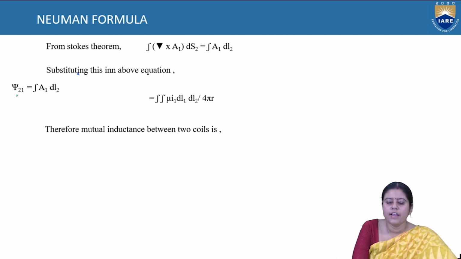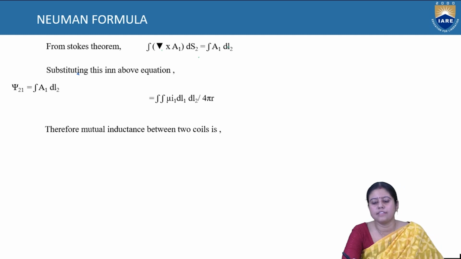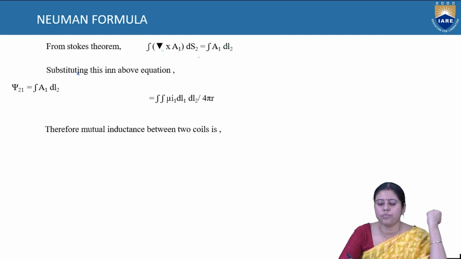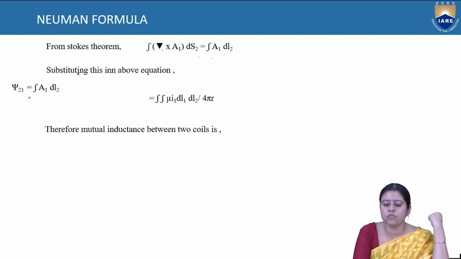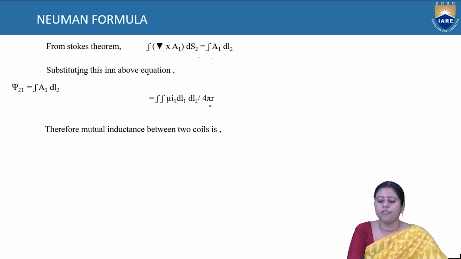So what we got? Psi 21 is the double integration of curl A1 ds2, which can be written as A1 dl2, using the Stokes formula. So psi 21 is equal to mu I1 dl1 dl2 by 4 pi r.